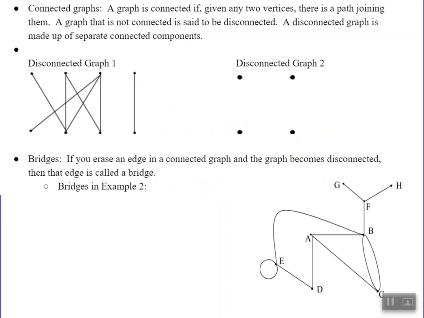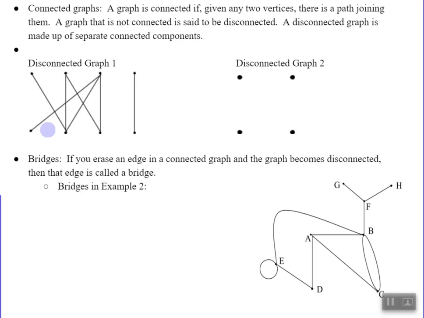Last set of vocabulary. We have a connected graph. Connected graphs are graphs where if you pick any two vertices, there is a path joining them. A graph that is not connected is called disconnected, and a disconnected graph is made up of separate connected components.